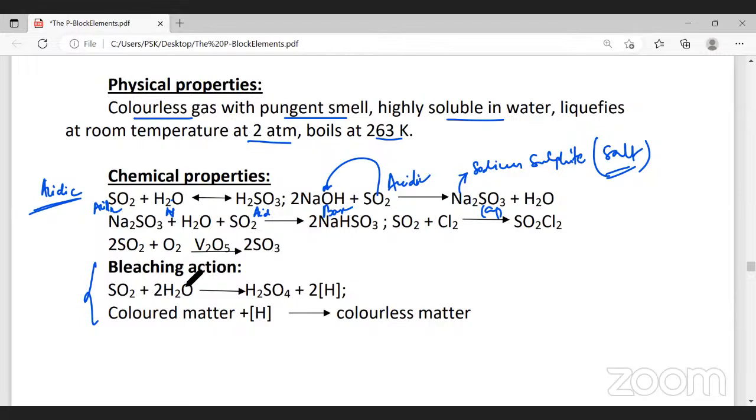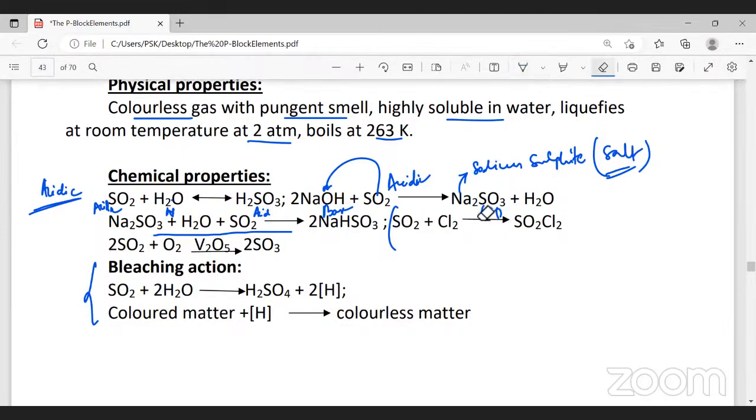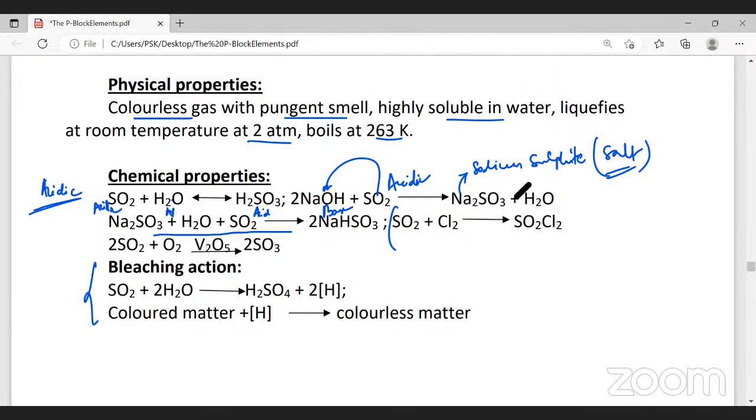Now, addition reaction. Sulfur dioxide undergoes addition reaction with chlorine in the presence of charcoal as a catalyst to form sulfuryl chloride.